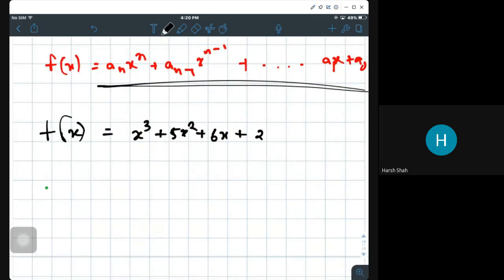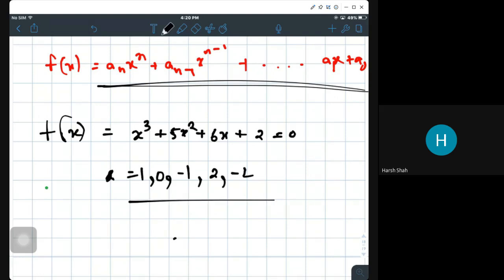Now by trial and error method, I need to try and put values from my side to check whether it satisfies this. For most of the questions in your exam, you would just need to check these values: x is equal to either 1, 0, minus 1, 2, minus 2. These 5 values, if you check in this order, might give you the answer.